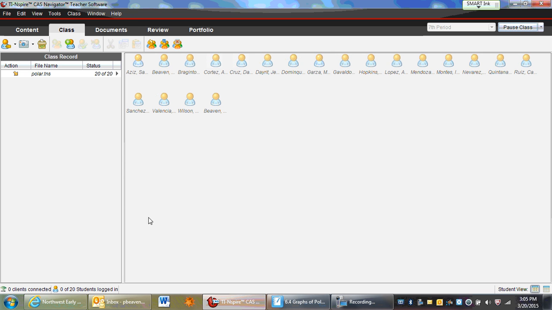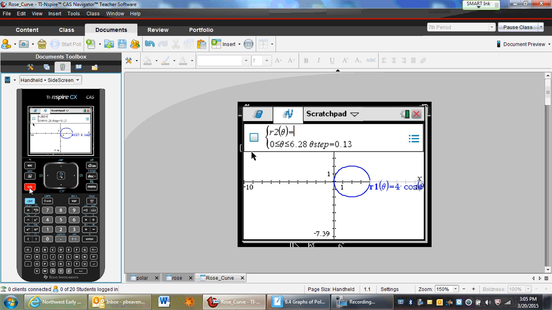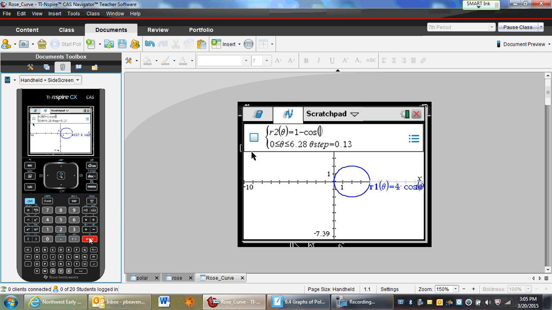Okay, so I will graph it for you guys. That's not a problem. So let's go ahead and we'll press tab. I'm going to graph it as the second function, and then I'm going to show you a way to get rid of that first one. So I'm going to type in 1 minus the cosine of theta. Remember, theta is here, pi button.